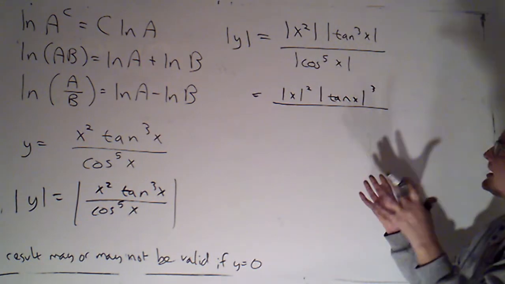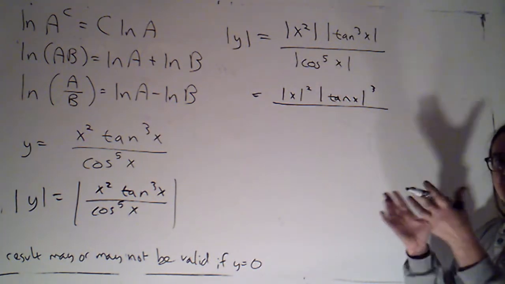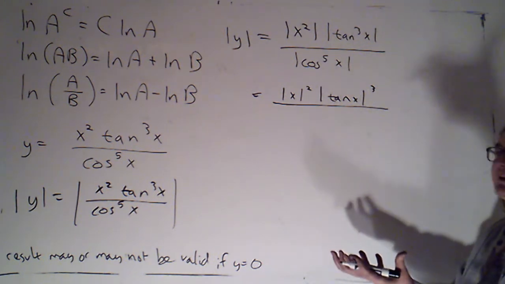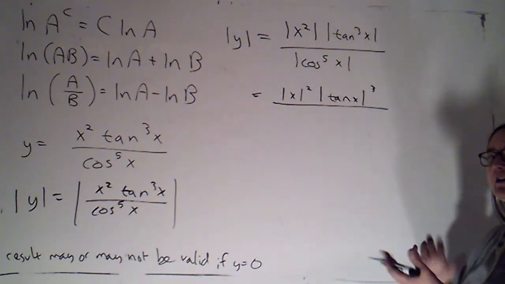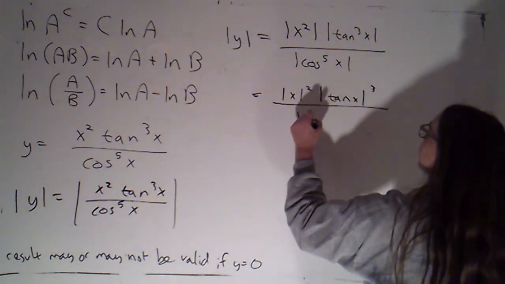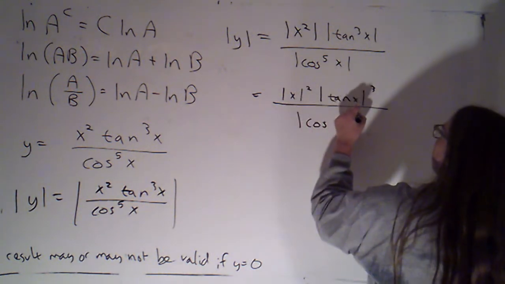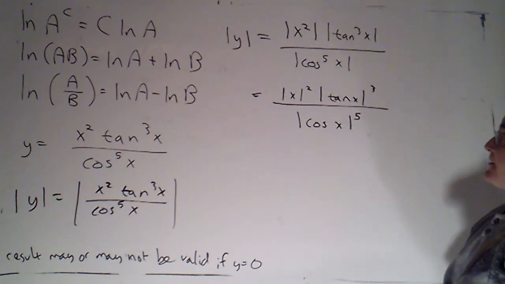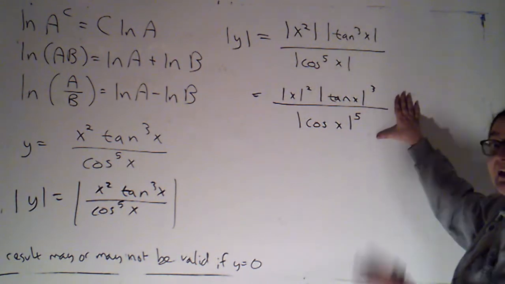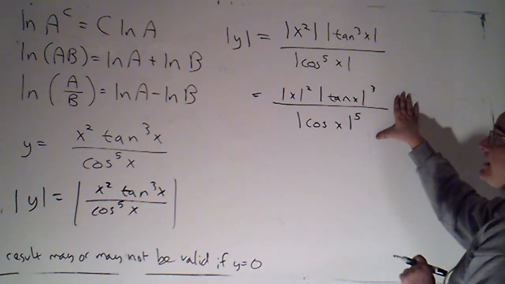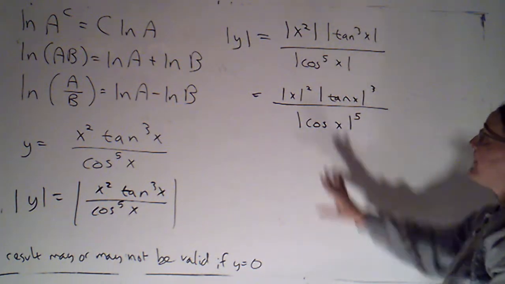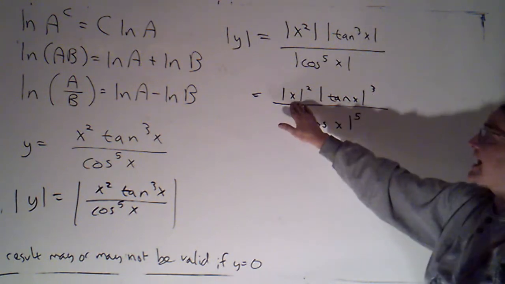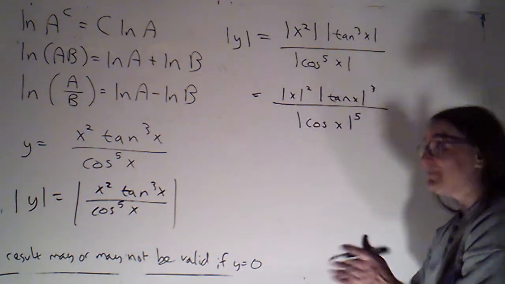Okay. If the absolute value is doing anything, it's just changing the sign. Okay. So we're taking a power and evaluating the absolute value. It does not matter what order I do that in. Okay. So we can do things like so. Once I've done that, taken the absolute value of each side, distributed the absolute value to each factor, and for each factor that was a power, applied the absolute value to the base.